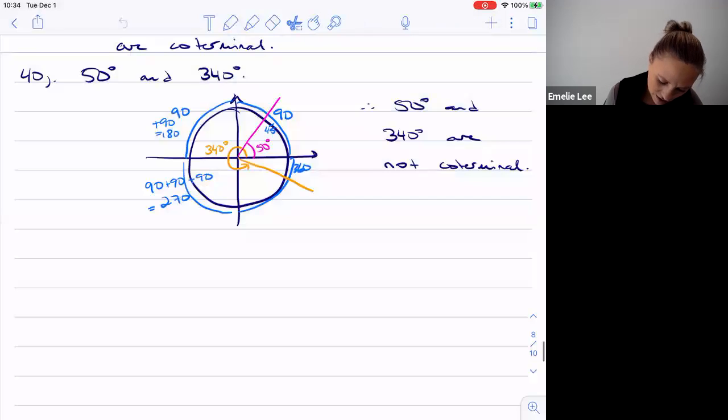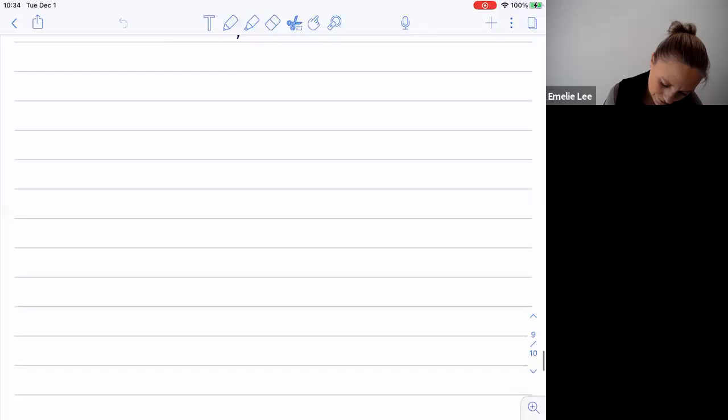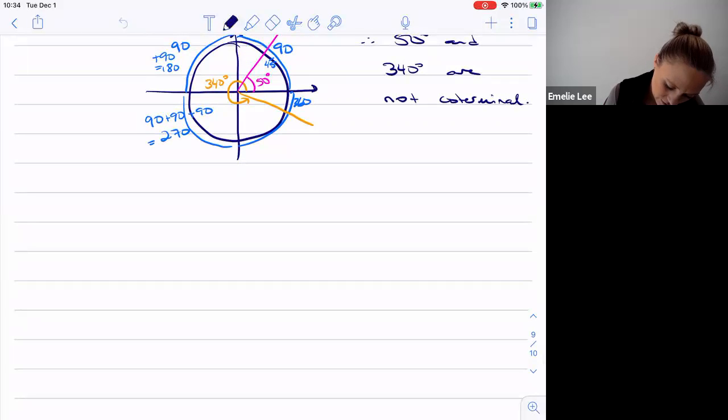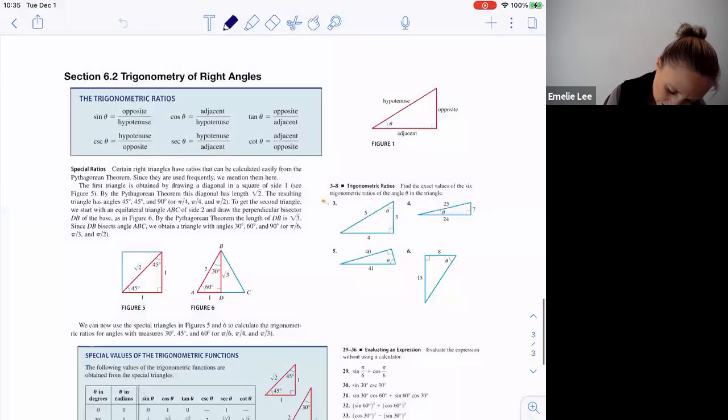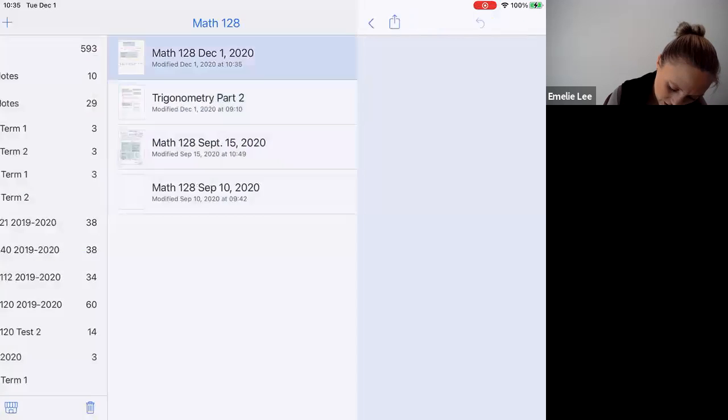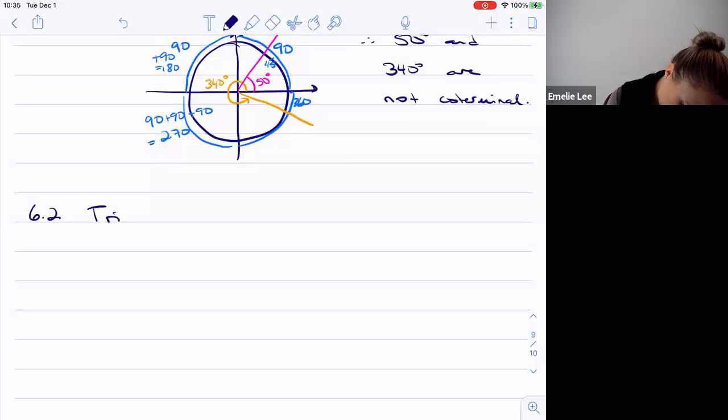So section 6.2, I think. Let me just make sure. Trigonometry of right angles.